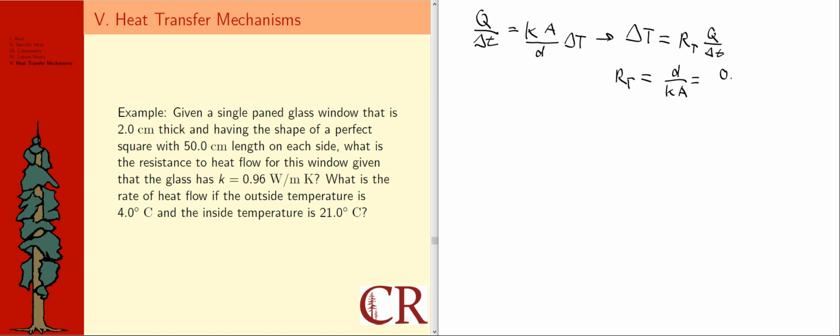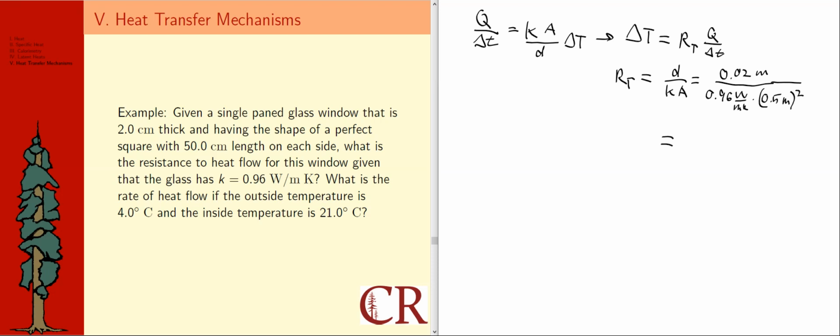So the first thing that we're asked for in this question is actually to find that. Given the numbers here, the 2 centimeters thick can be turned into a 0.02 meters thickness. The K value, which was the thermal conductivity, is 0.96 watts per meter Kelvin. For the area, since it's a perfect square with 50 centimeter length sides, I'm going to look at that as 0.5 meters and then square the whole thing, including the unit.